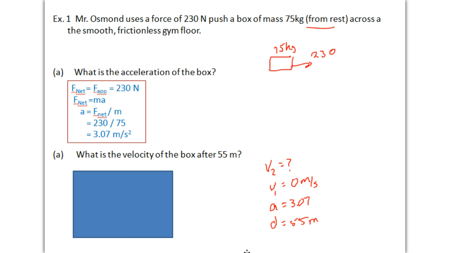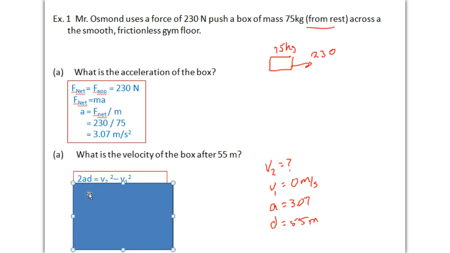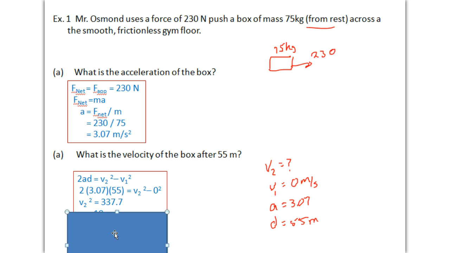So if you look back to your kinematic formulas, you find this formula here, and plug in the values that you know. So your acceleration, your distance, your V1. V2 squared is 337.7. Take the square root and you have V2, which is 18 meters per second.